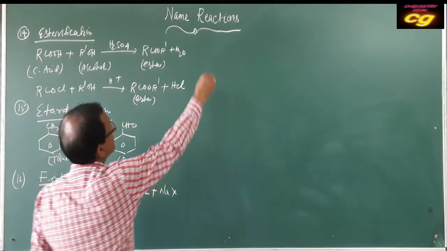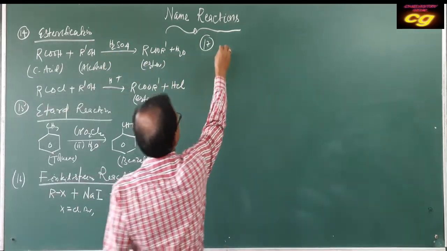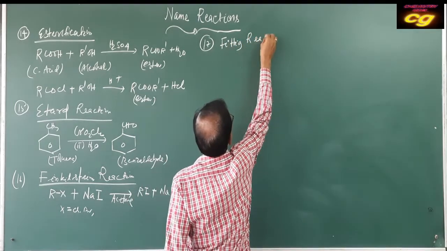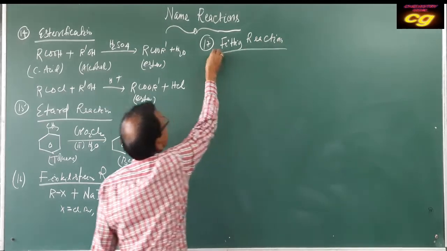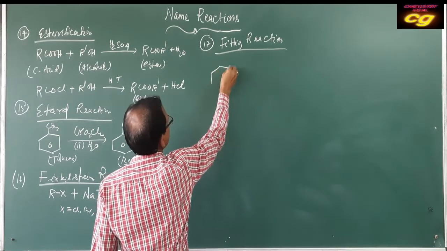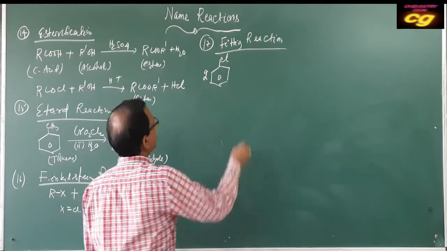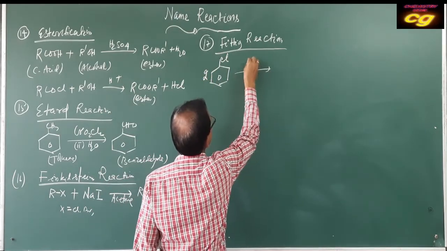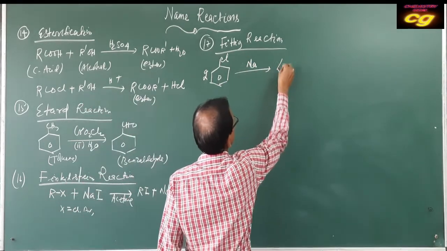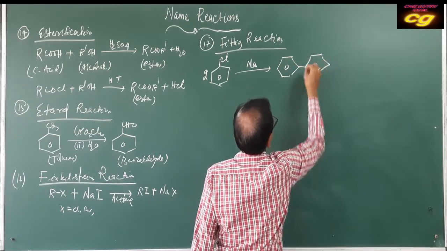Then 17, that is Fittig reaction. In a Fittig reaction, what happens? Two molecules of aromatic haloarene, in presence of sodium metal, convert to diphenyl.